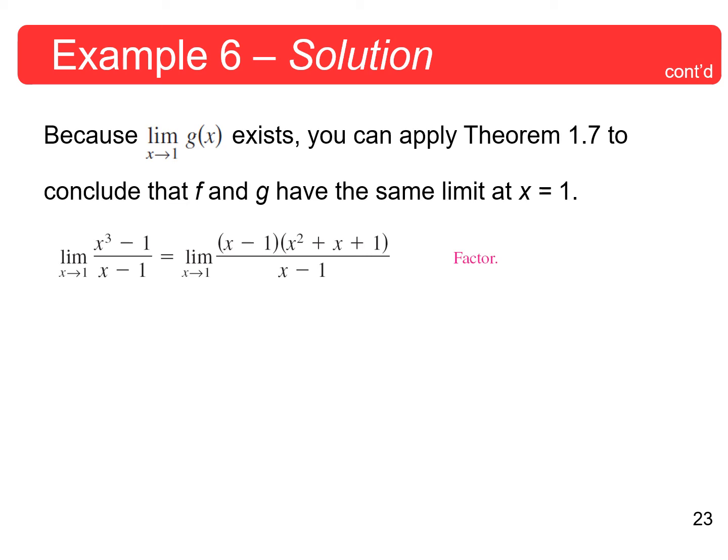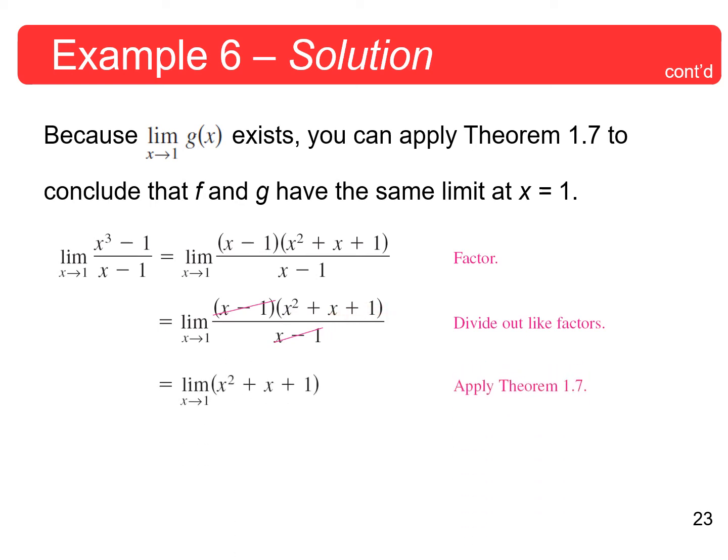So we factor the numerator, which is x minus 1 times x squared plus x plus 1, and then copy the denominator. After this, we can divide out the common factor, and you're left with x squared plus x plus 1. Then take the limit of this expression and apply theorem 1.7.